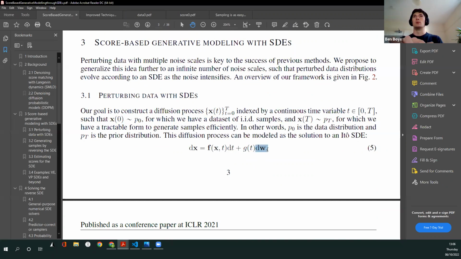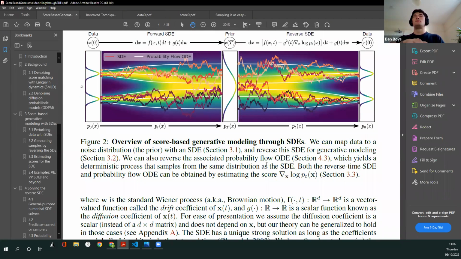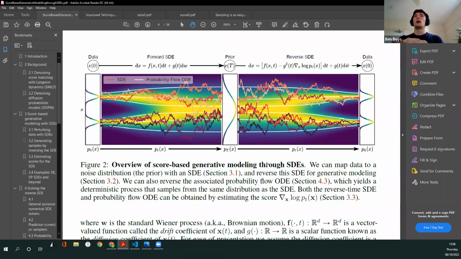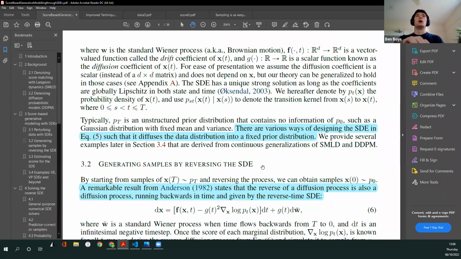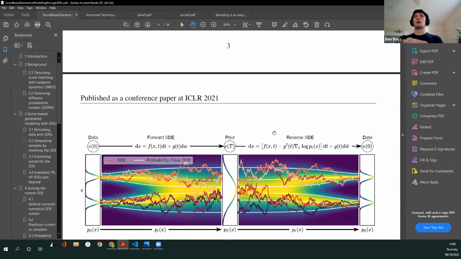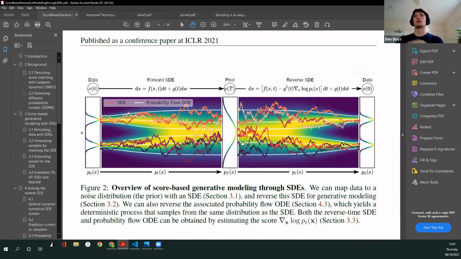But this noise is a Brownian motion, so it's continuous in time. And then this essentially means that you've got a very large number of steps where you're adding noise, and the sample trajectories will look something like this.